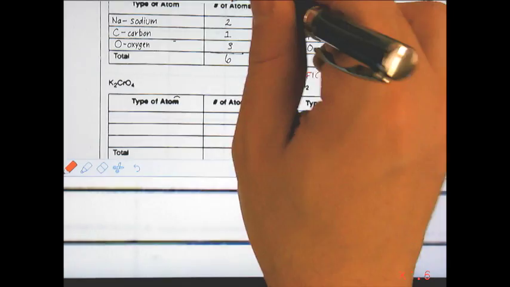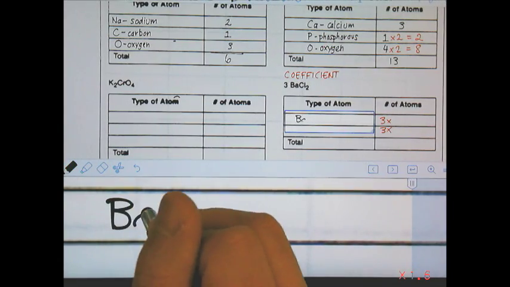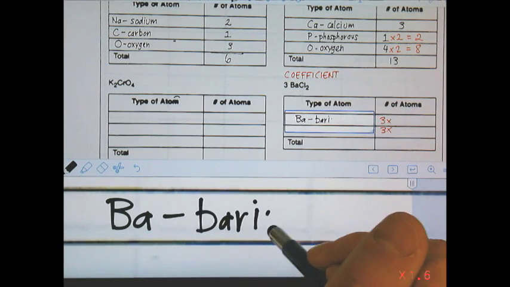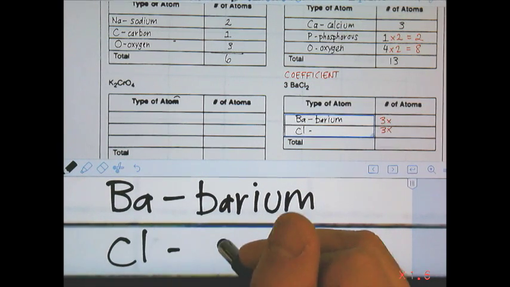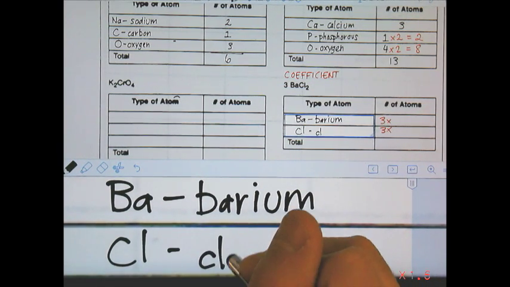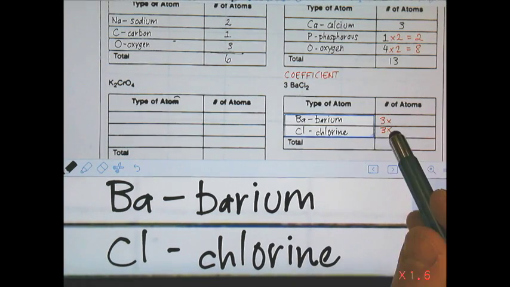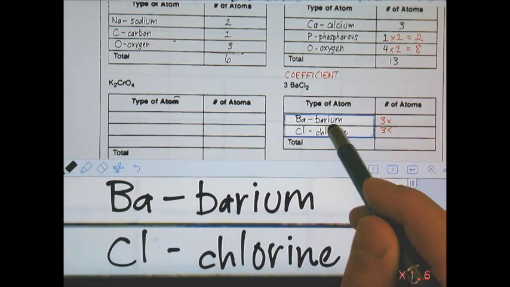So let's start answering this. The symbol Ba stands for barium. Next we have the symbol Cl, which stands for chlorine. So let's go ahead and count the atoms. There's no number beside barium, so we assume the subscript 1.